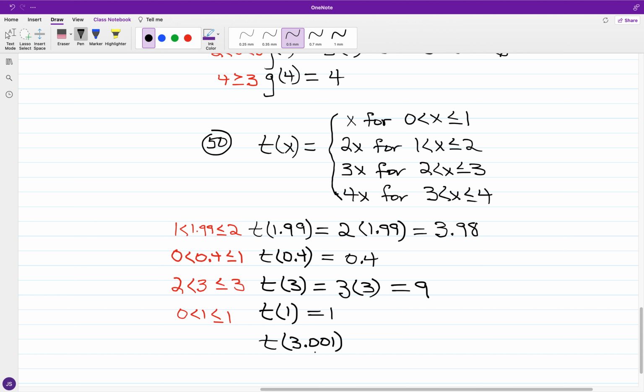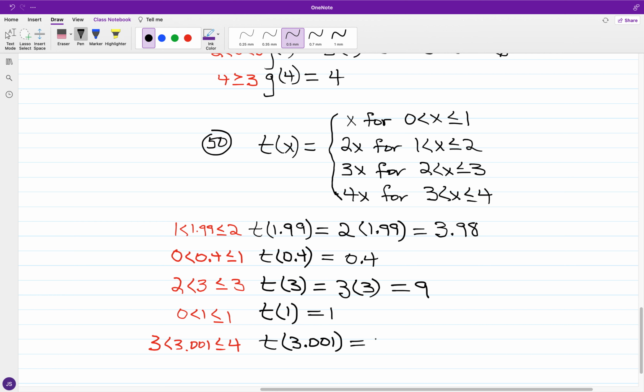And for 3.001, this is our only specific input that happens to be greater than 3. And 3.001 is going to fall between 3 and 4. So we got 3 is less than 3.001, and that in turn is less than or equal to 4. And the values that lie between 3 and 4 in this fashion are going to be quadrupled.